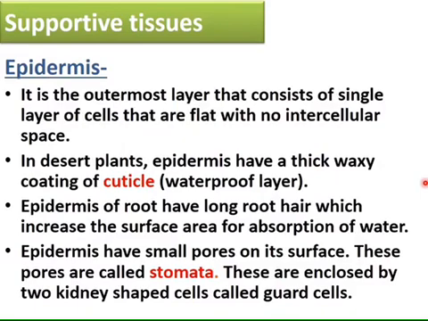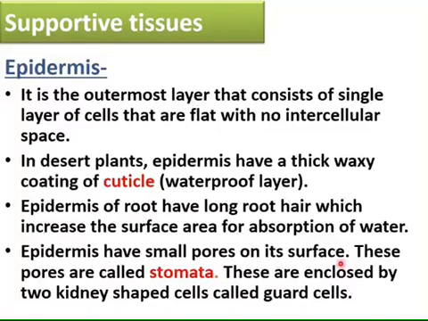Now we'll see what are the functions of these stomata. All these points are about the structure and where this epidermis is present, means its location. Now we will learn about its structure, means its diagram, and the functions of epidermis.